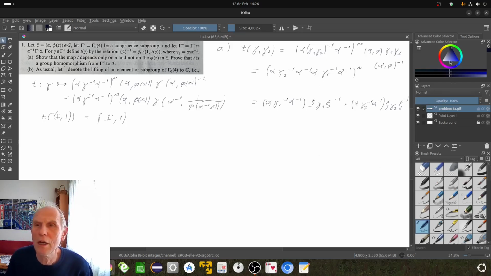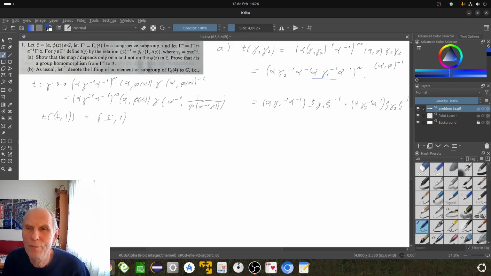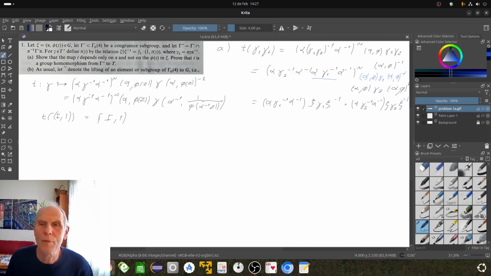They are actually written up so that this is, no, I'll just do it in color. This, and then alpha phi gamma 1, alpha phi inverse, and then we have alpha phi gamma 2, alpha phi the inverse, and the blue ones give T of gamma 1, which is a number we can just take out.